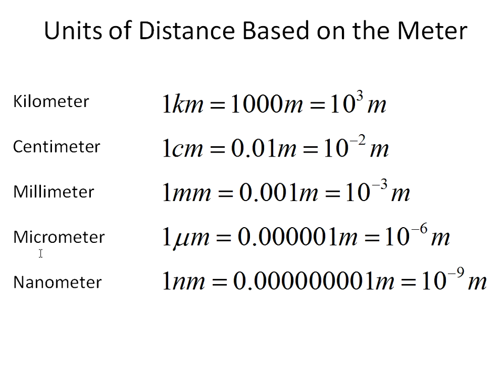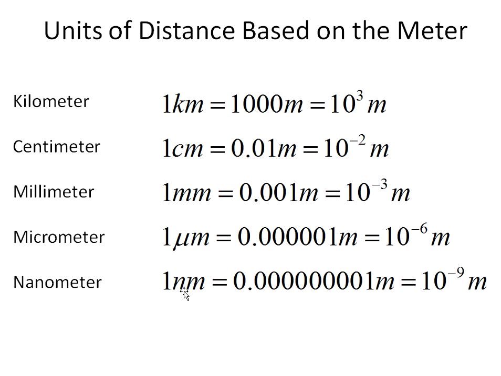Here are the unfamiliar units, most likely. The micrometer, we use the Greek letter mu for micro. The micrometer is equal to 1,000,000th of a meter. 1 over 1,000,000 is 0.000001, and in scientific notation we call that 10 to the -6.